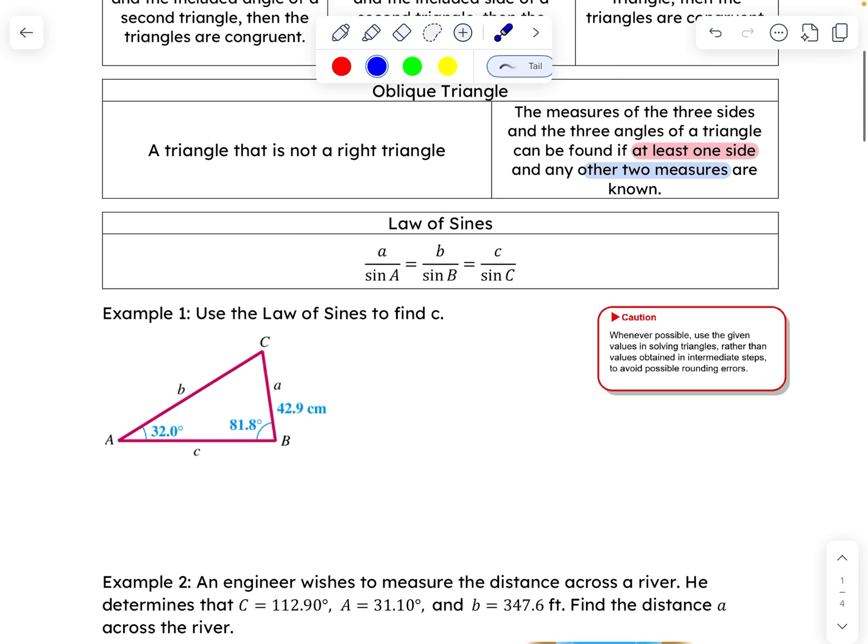I can very easily figure out what this angle C is by remembering that all the angles in a triangle add up to 180 degrees.